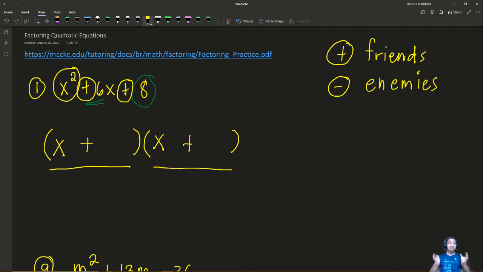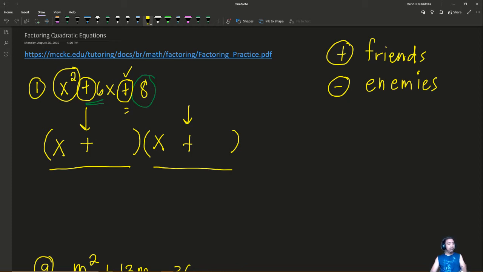Friends, it's either plus plus or minus minus. But if this is negative, so it is enemies, it's either positive negative or negative positive, okay? But either way, always copy the sign here, then check the sign here, and then you decide whether they are friends or enemies, okay? So now, yung factor na lang yung problem natin here.